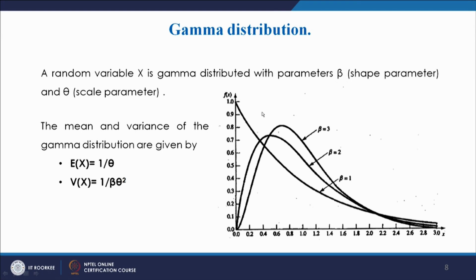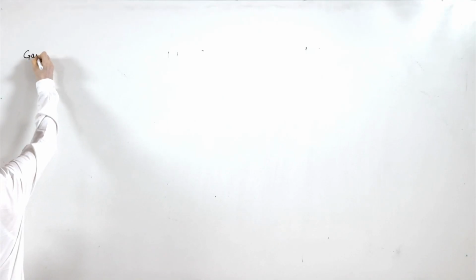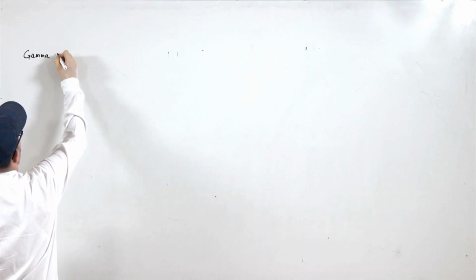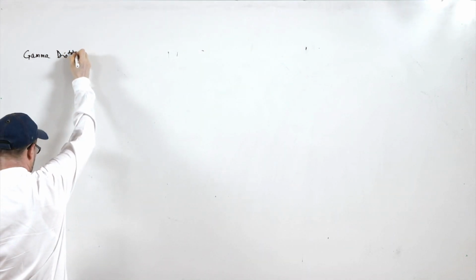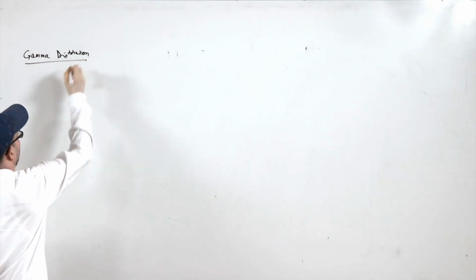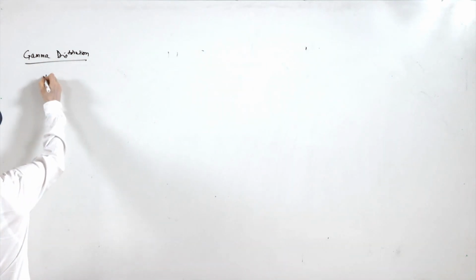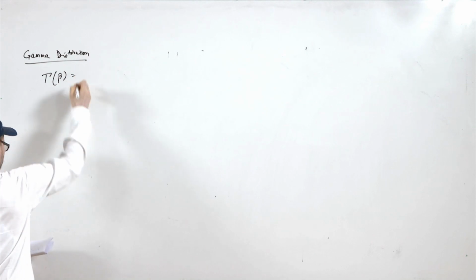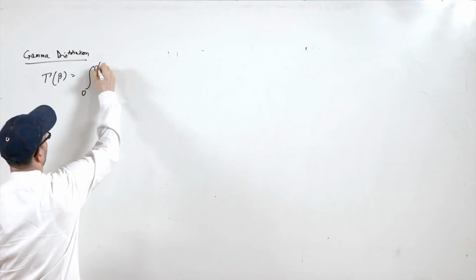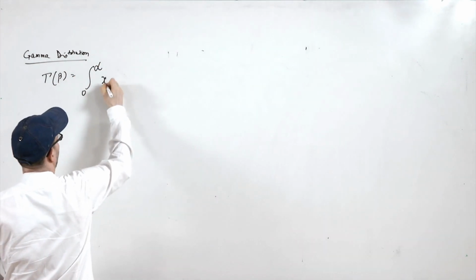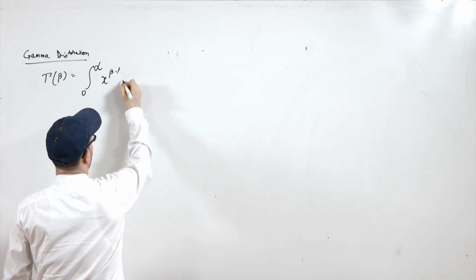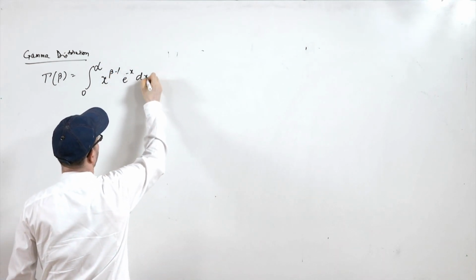You have two parameters here, beta, which is known as the shape parameter, and theta, the scale parameter. Before that, we must know what the gamma function is. Gamma beta is defined as the integral from 0 to infinity of x raised to the power beta minus 1, e raised to the power minus x, dx.